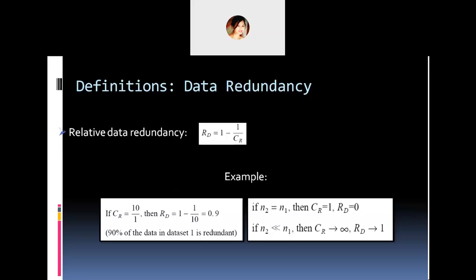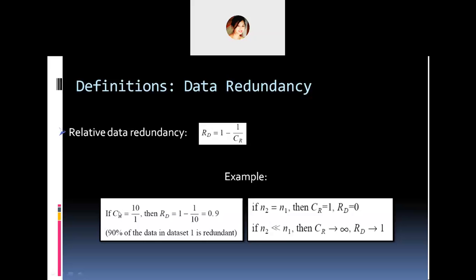Since we don't have definitions, at least we have the equations. If you know one equation, it is related to the other. So try to remember that compression ratio is CR, and relative data redundancy is defined by the term RD.